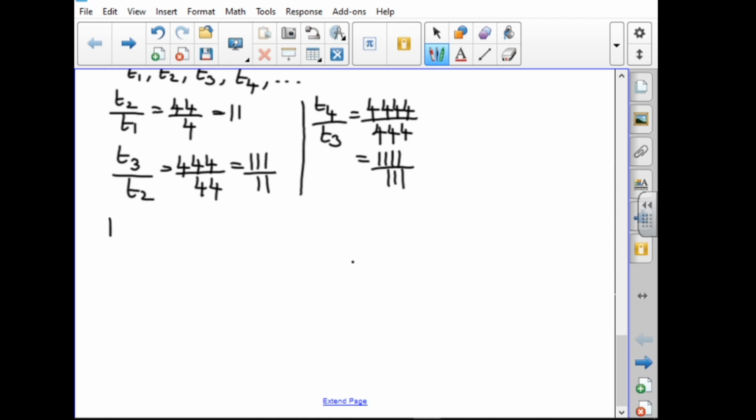Here the ratios between the successive terms are not equal.